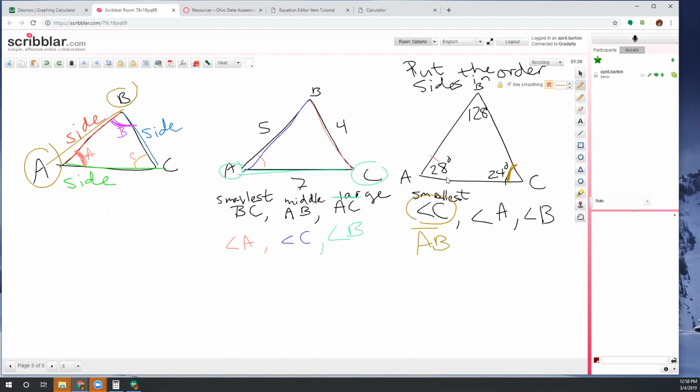So we said our middle angle was A. What's our middle side? Which side would be bigger than AB, but smaller than the last side?